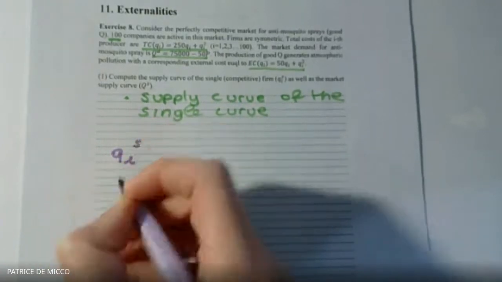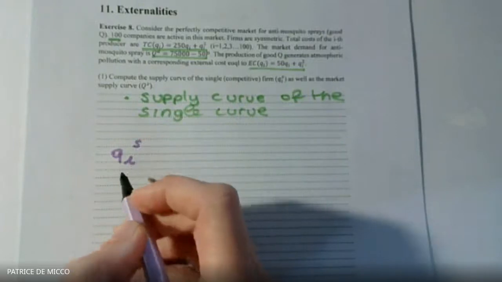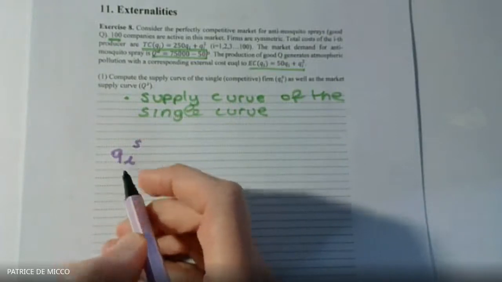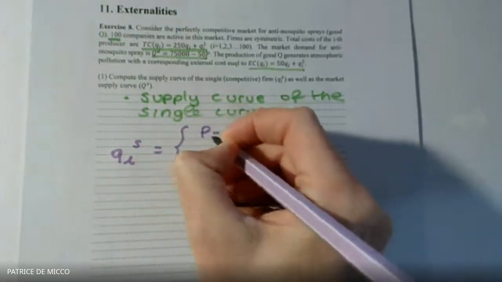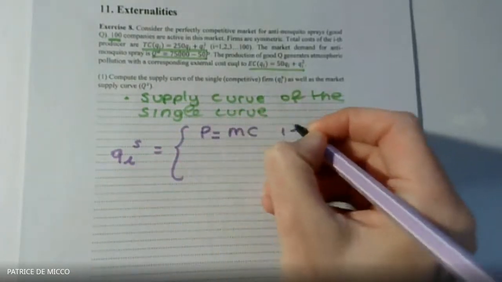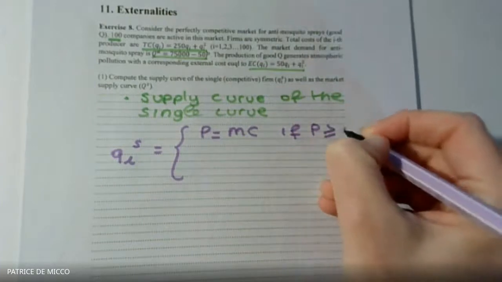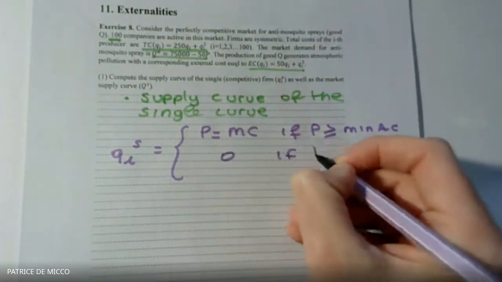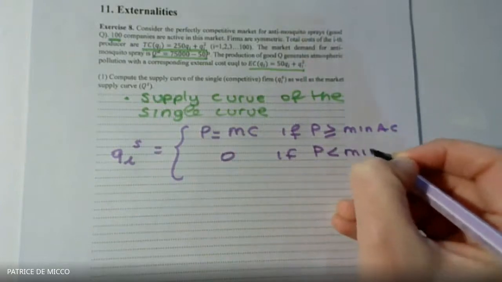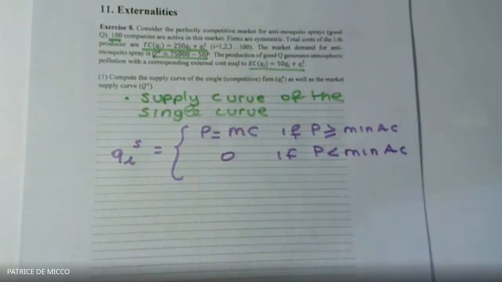So this is how we denote the supply curve of the single firm with little q. This will be equal to the price equal to the marginal cost if the price is larger or equal to minimum average cost, or in the opposite situation, so price lower than minimum average cost, it will be equal to 0. So the firm will supply a 0 quantity.